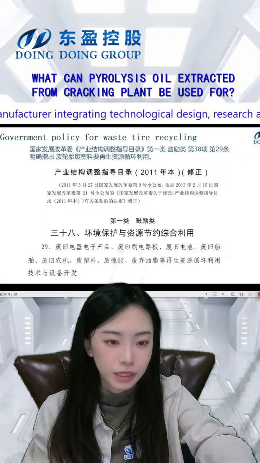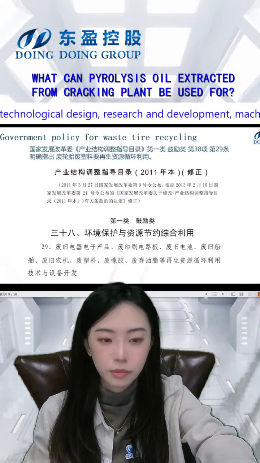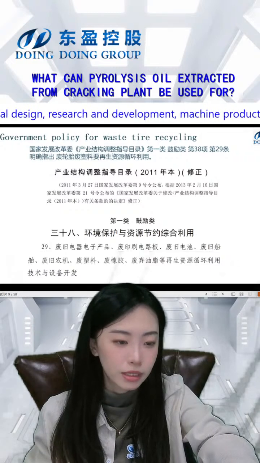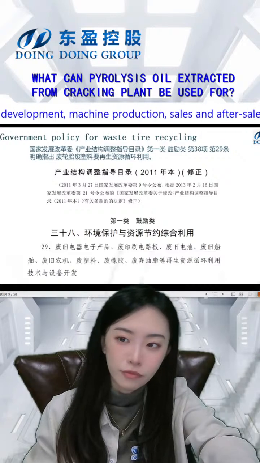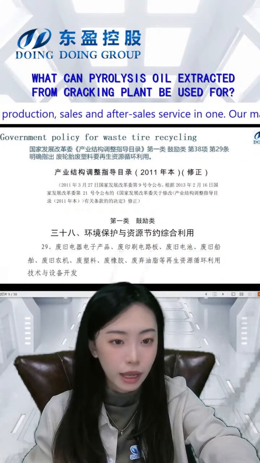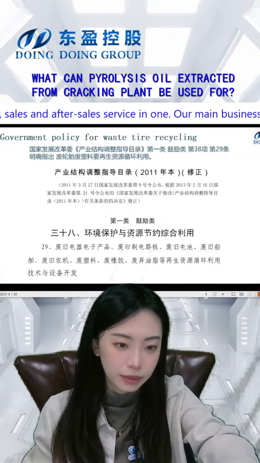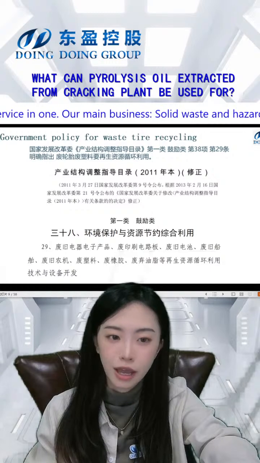We can recycle them. All these wastes we can recycle by using different kinds of equipment. Today we showed this pyrolysis plant, and also we have the waste battery recycling machine and the biomass carbonization system. We can recycle all of these, and our government encourages us to have this business.